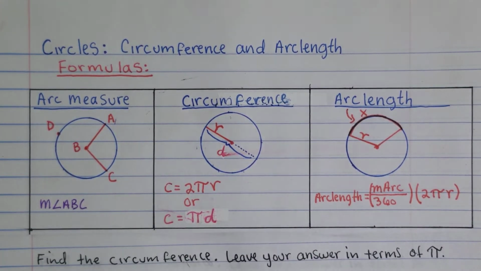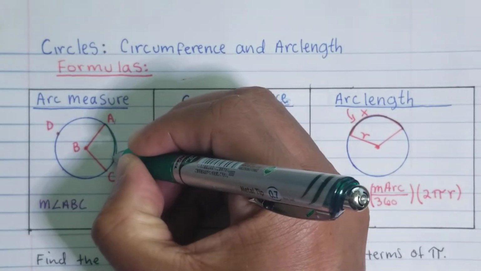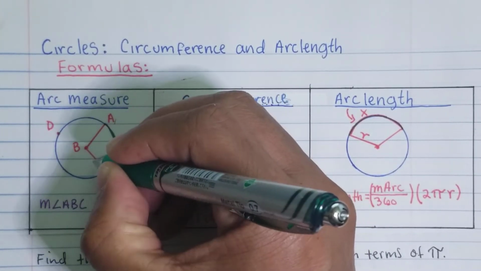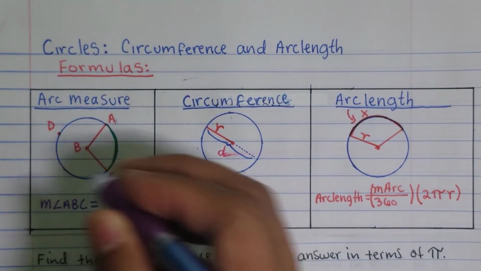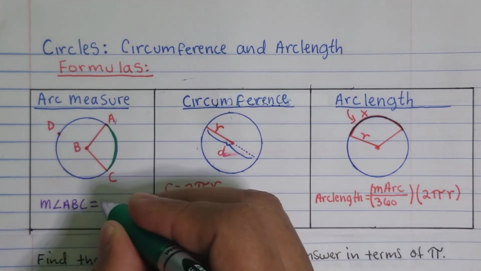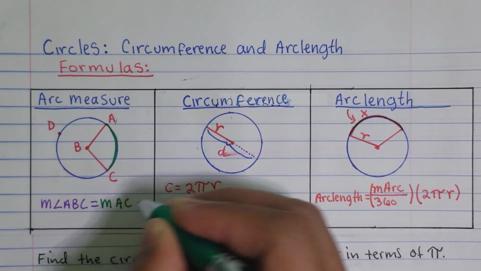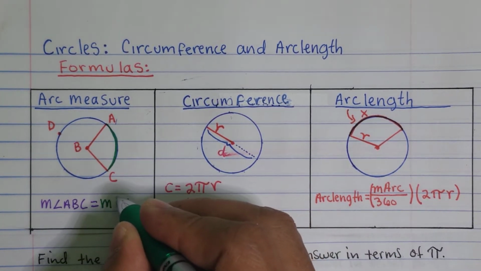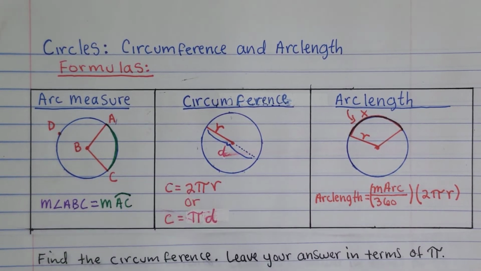And this here is the arc that central angle intercepts. So the measure of angle ABC is equal to the measure of arc AC. This is how we know it's an arc: just draw an arc above those two letters, and that means it's an arc.